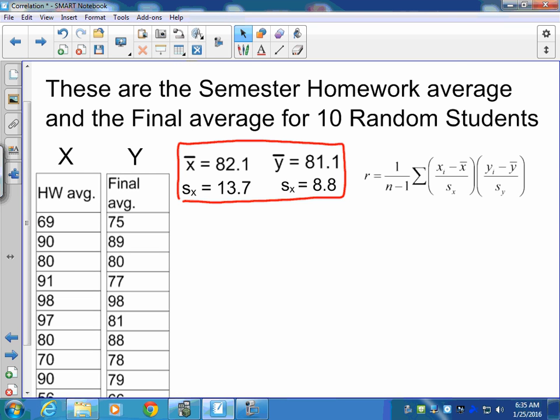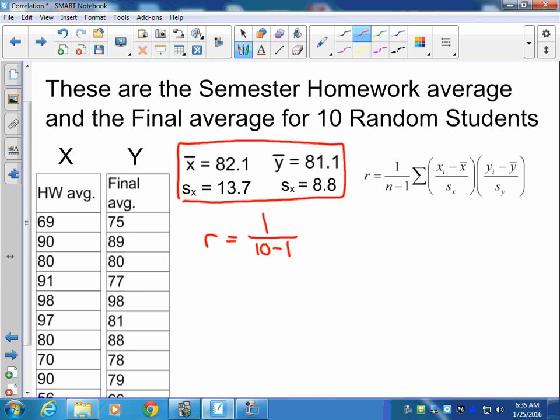So now, if we're wanting to go through and do the calculation for R, R equals 1 over, our sample size is 10, so we have 10 minus 1. That's a multiplier on the outside of this very large summation.